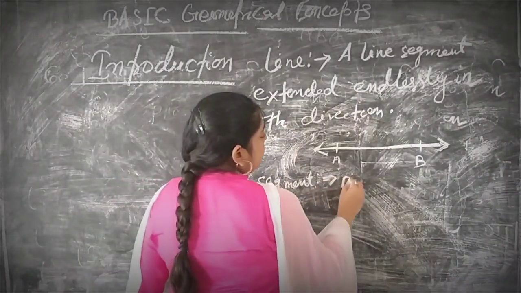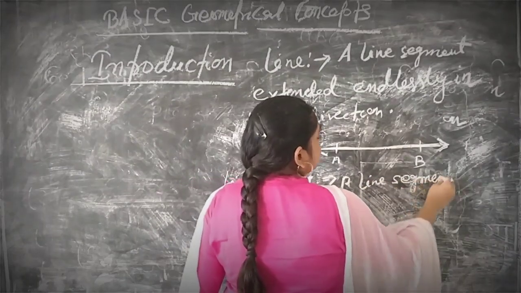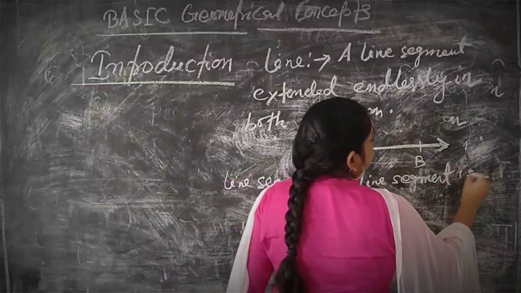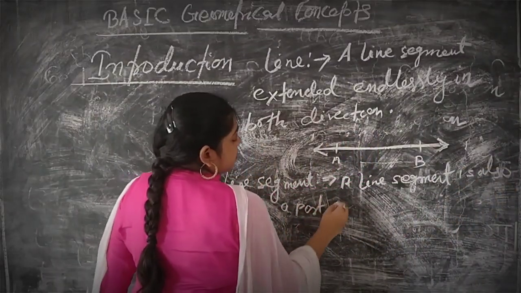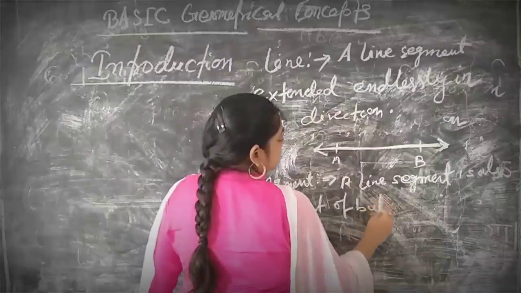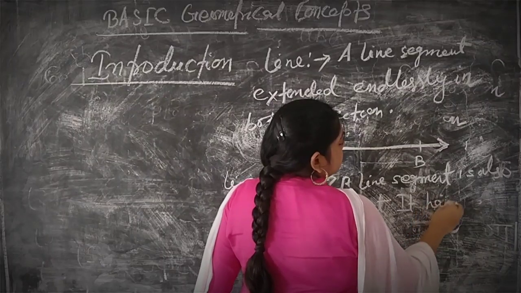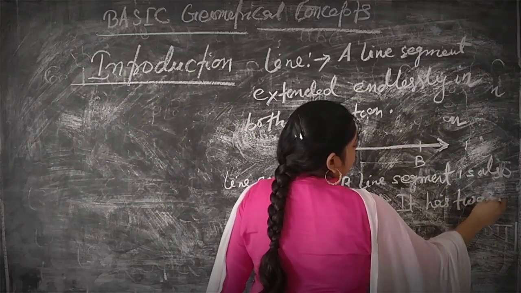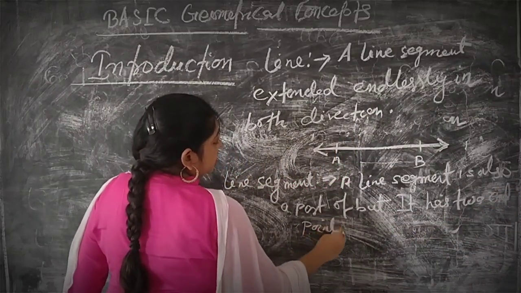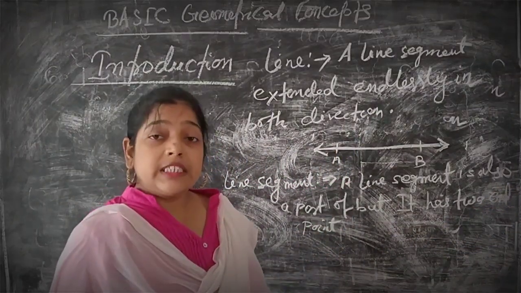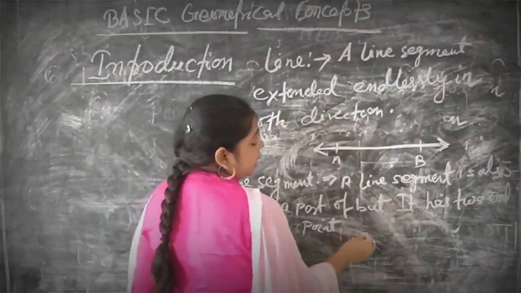Why does it have two end points? Because it is the shortest straight path. Now we indicate the symbol of the line segment.